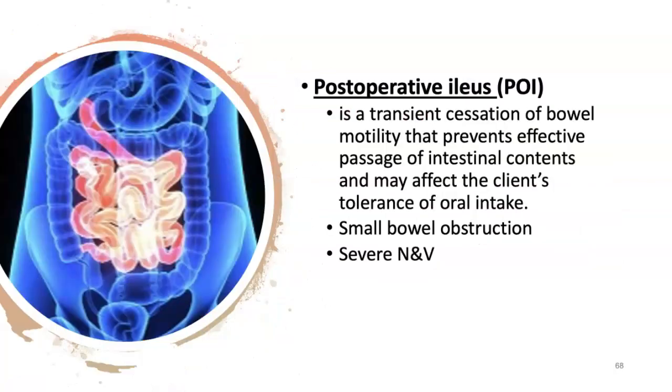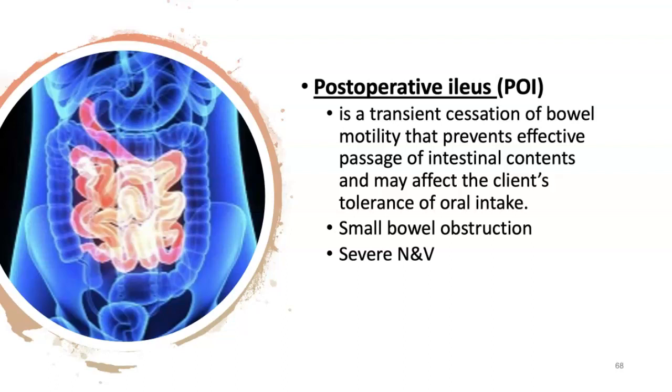So normally the stomach motility returns in 1 to 2 days and bowel motility in 3 to 5 days. Now, individuals can develop a postoperative ileus. That is a transient stoppage or cessation of bowel motility that prevents effective passage of intestinal contents and may affect the client's tolerance of oral intake.